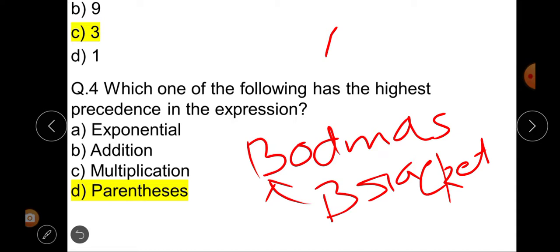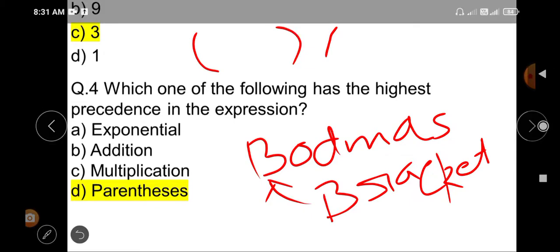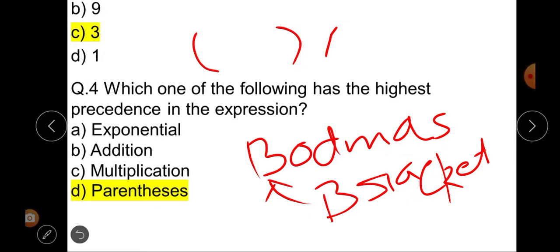Same thing happens in case of Python programming also. In Python programming, always bracket should be evaluated first. Bracket means here the sign of parenthesis. Okay, so always the parenthesis sign should be evaluated first.